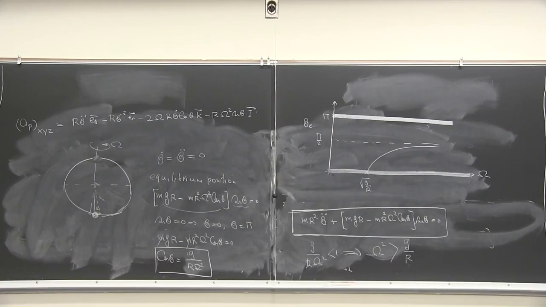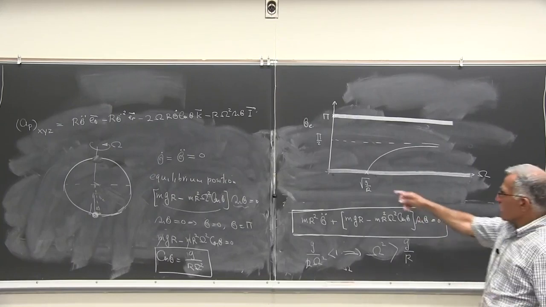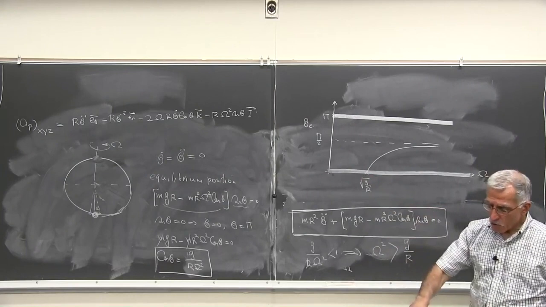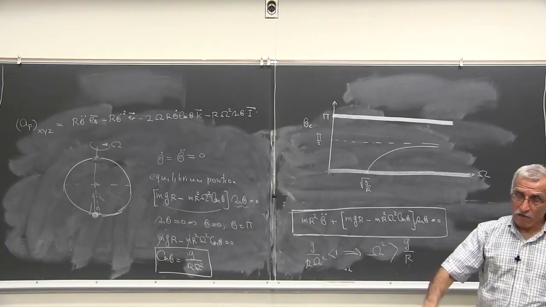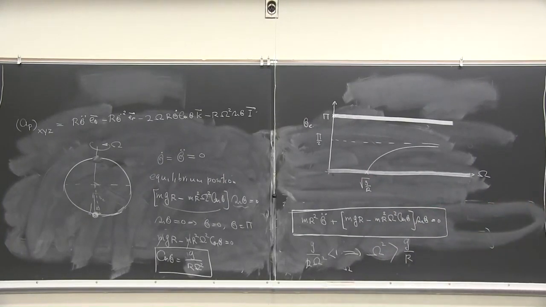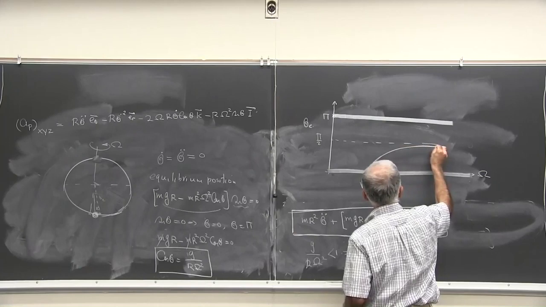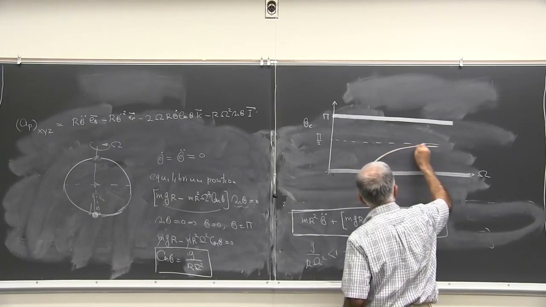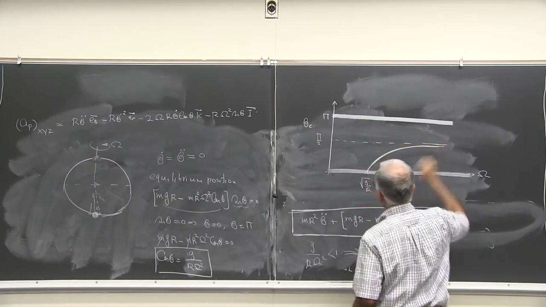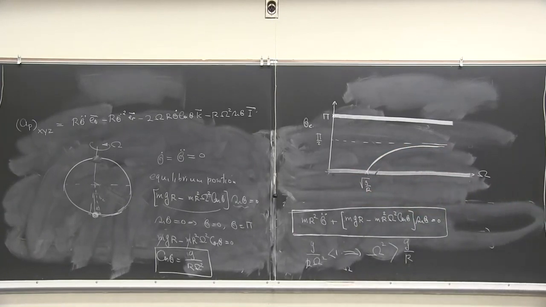So that is yet another equilibrium position. But this equilibrium position does not exist if you rotate it sluggishly. It only exists if your speed is greater than the square root of g over r.